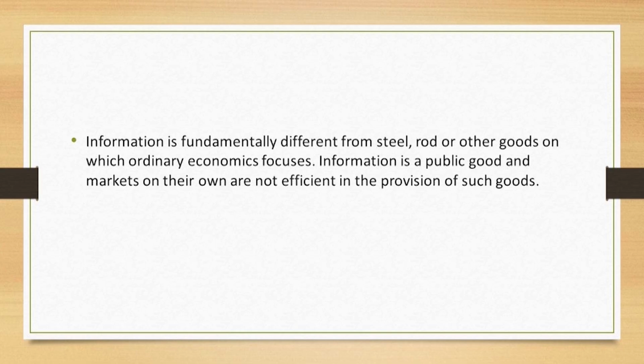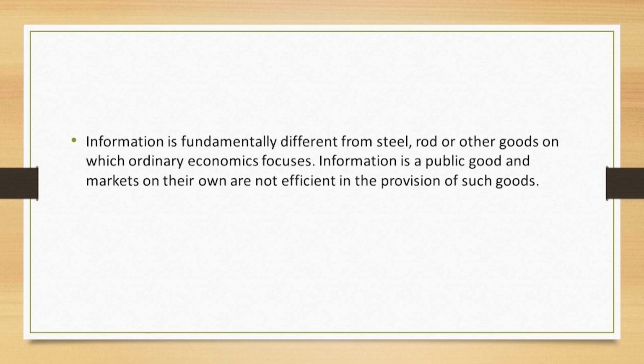When we say information, we find that it is fundamentally different from steel, rod, or other goods on which ordinary economics focuses. So it is something of a different stature, we can say.